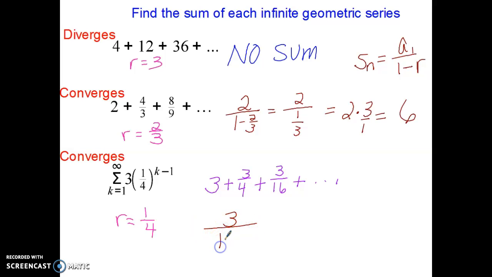I would have 1 minus 1/4 in my denominator. And then I'm going to take my 3 times 4/3, because that's the reciprocal for 3/4. And I would get an answer of 4. So that means that third infinite geometric series equals a value of 4.